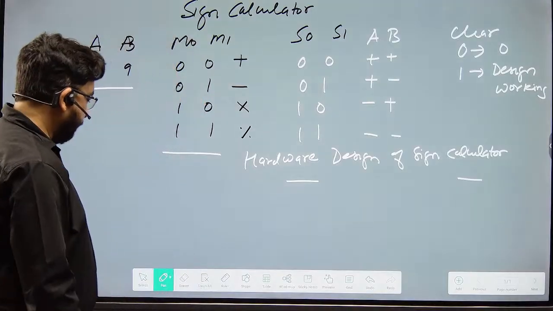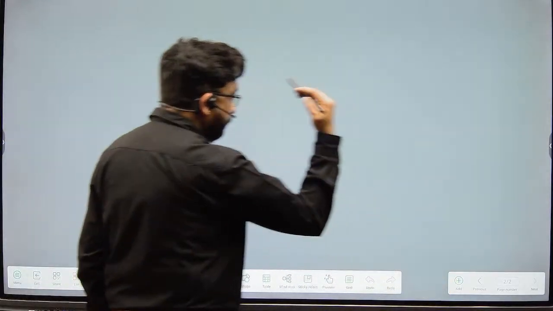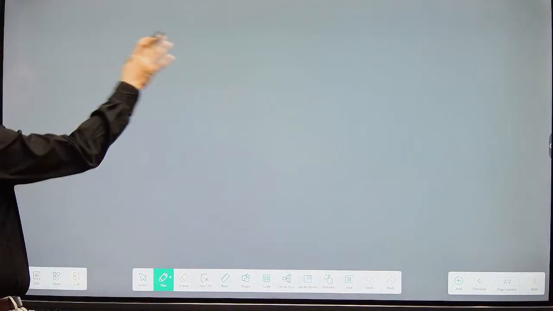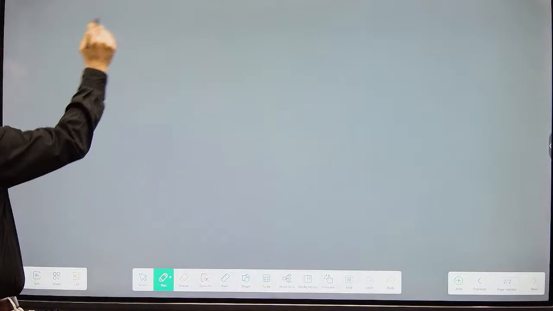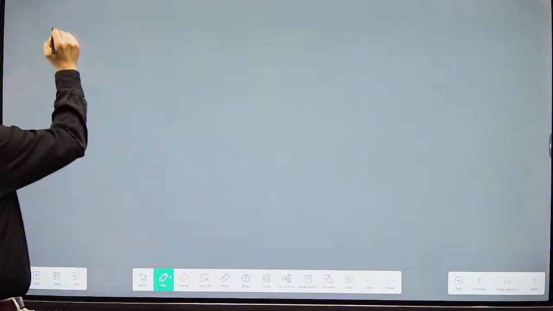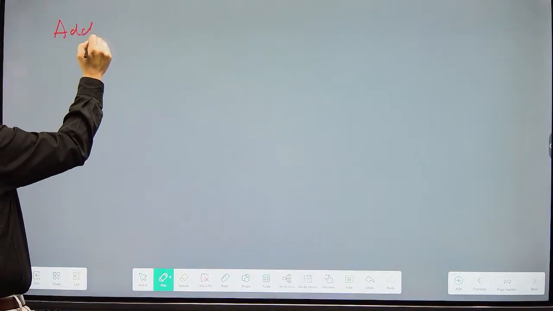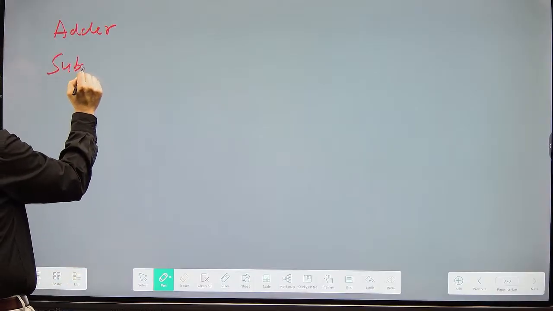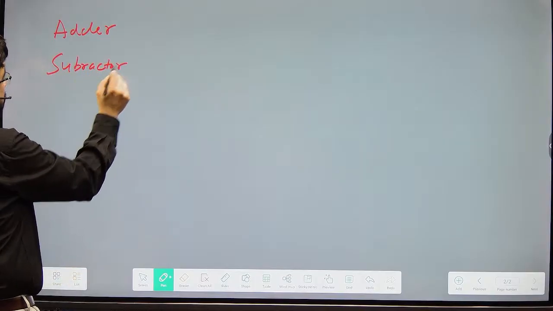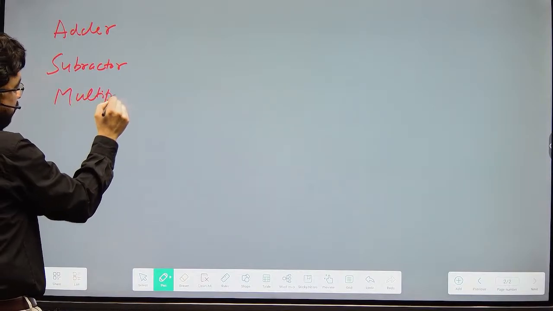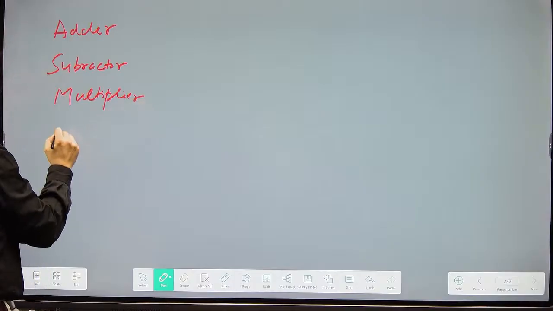In my last class, we finished with the adder. So what components are required to make this circuit? The top level block requires an adder, subtractor, multiplier, and divider.